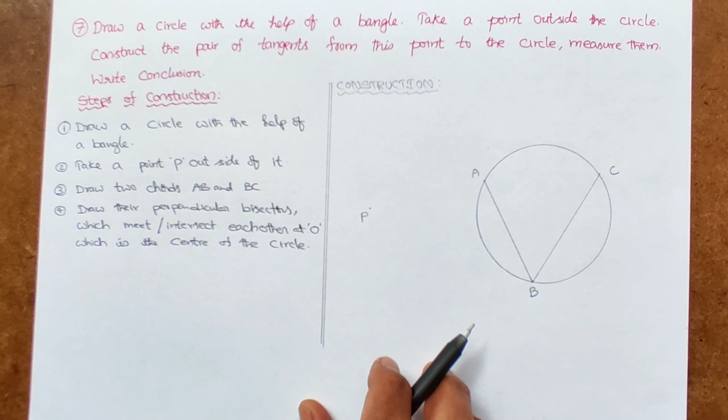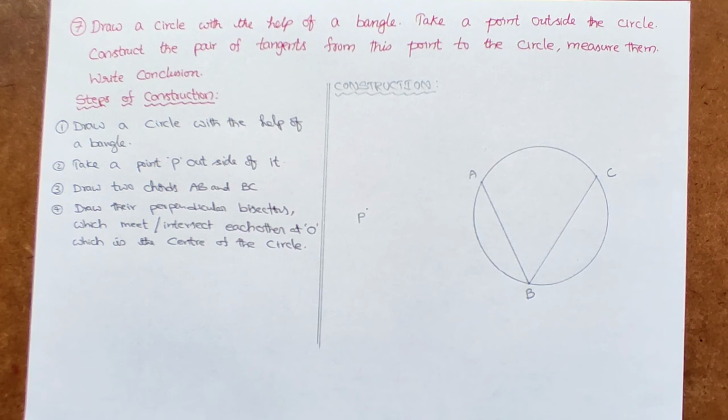That means here we have to draw two perpendicular bisectors for AB and also BC.